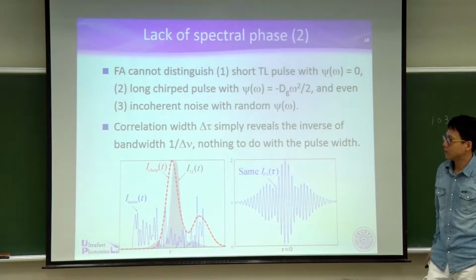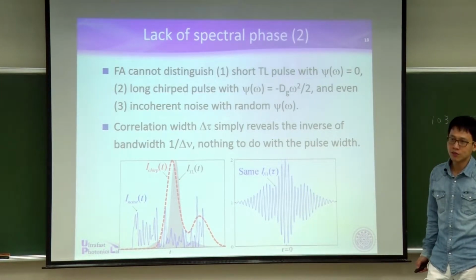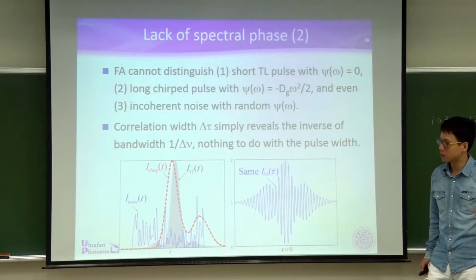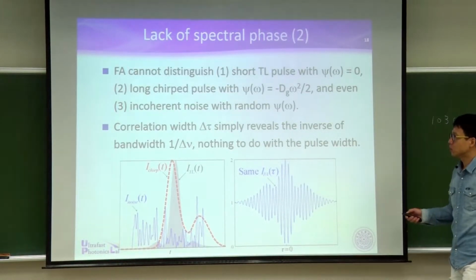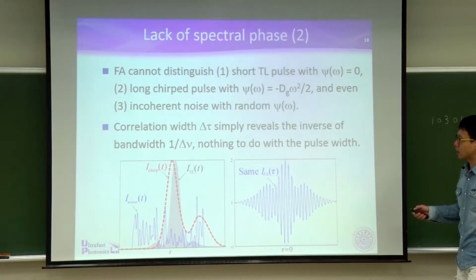We have seen the field autocorrelation trace does not tell us the real pulse shape, or even the real pulse width. It cannot tell. The correlation with delta tau simply reveals the inverse of the bandwidth, 1 over delta nu. Nothing to do with the pulse width.